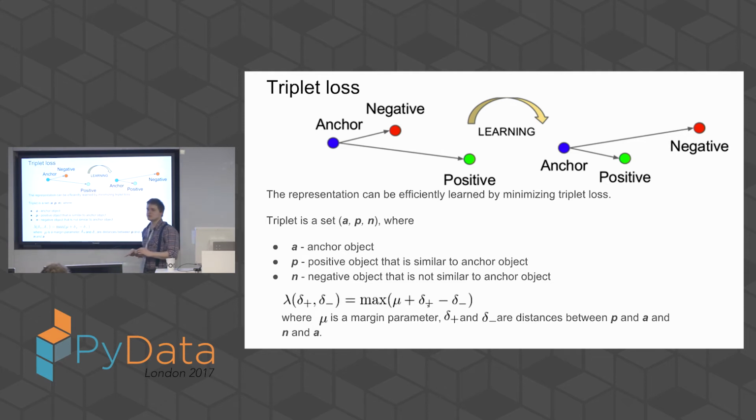It's a more stable version of other contrastive loss metric learning. When you want to learn a representation, you probably think the simplest way is to calculate the distance between the same class objects and minimize it, and maximize the distance between other classes. That would be called contrastive loss.